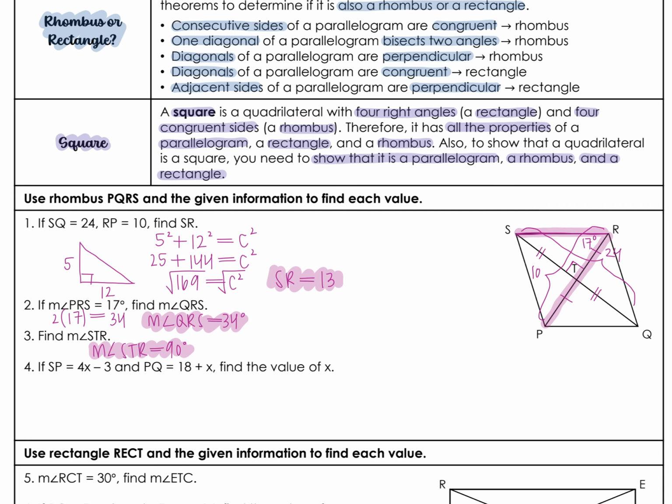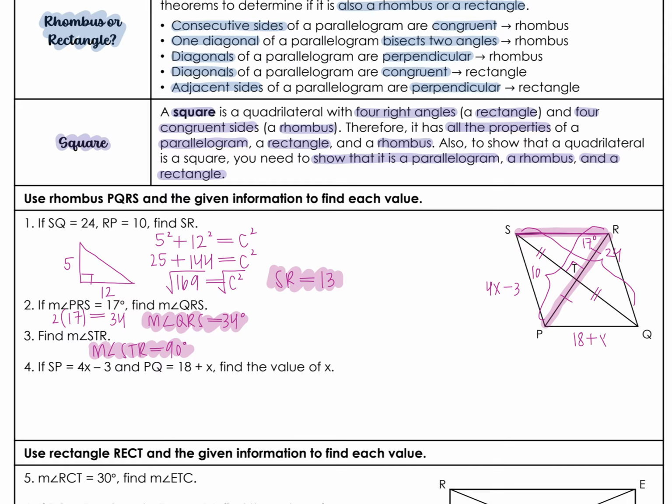All right, our last and final one for this picture here is if SP, so SP is going to be this length here, is 4x minus 3, and PQ is 18 plus x.